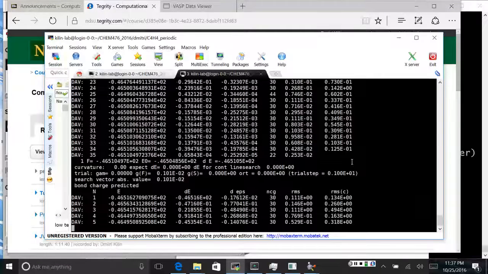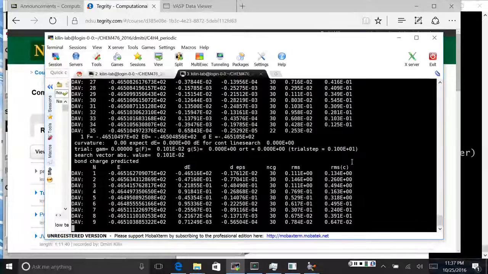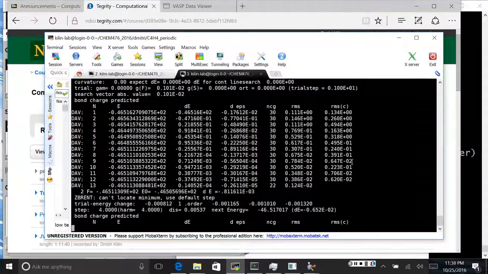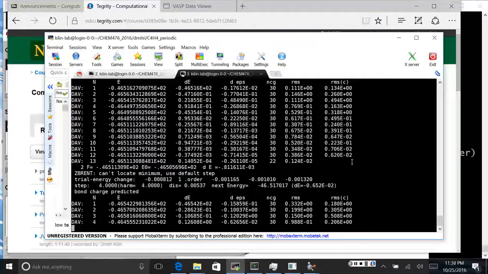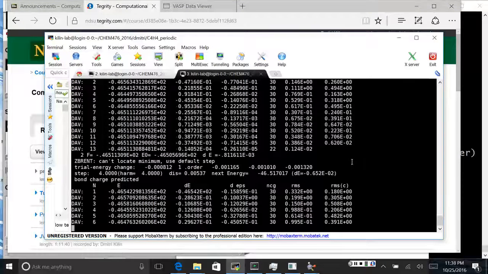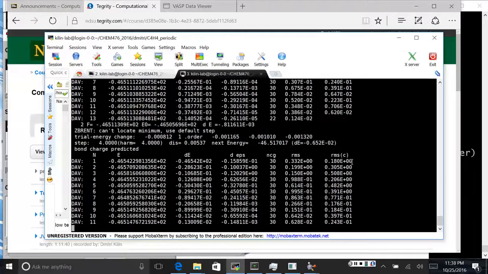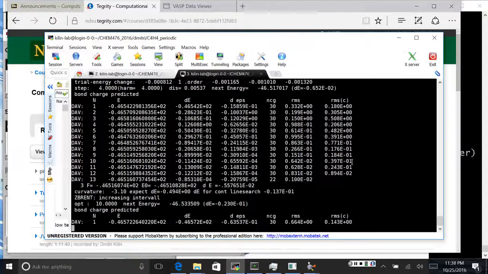Then one starts another series, another cycle, but it is on different positions of ions. So at the end of each cycle, one recalculates forces and moves atoms. Therefore, there are two cycles inside each other: a self-consistent cycle for improving the electronic structure, and outside there is a cycle of geometry optimization.